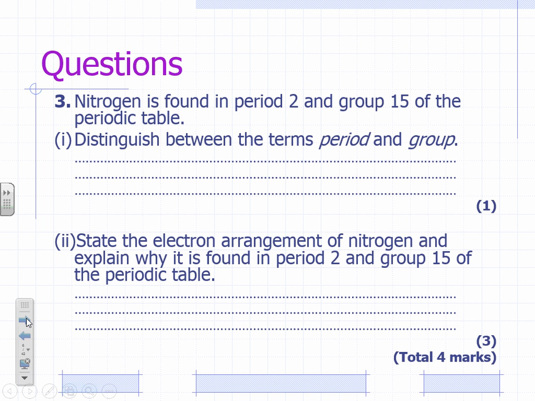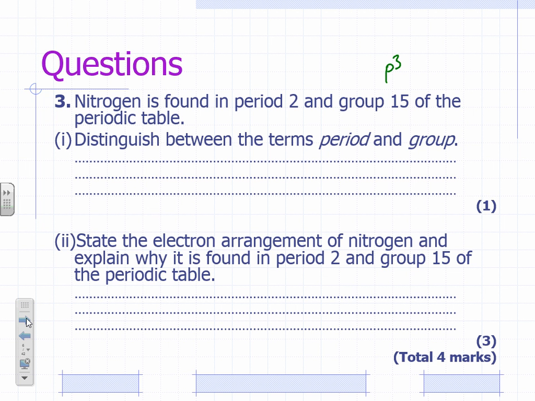Nitrogen is found in period 2 and group 15. Now let's not forget that group 15 meant that it was the third element in the P block.